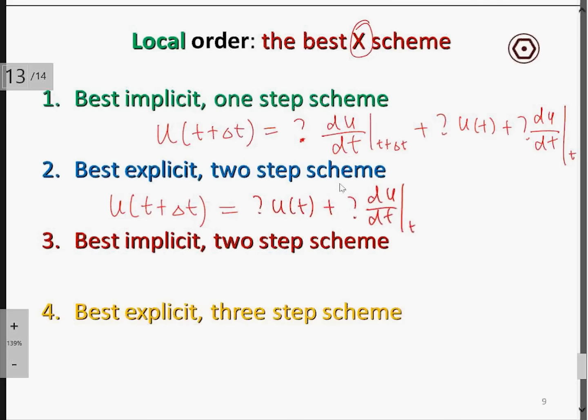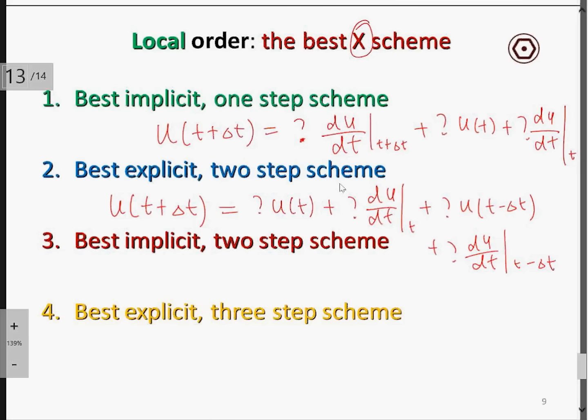And because it's two-step, I allow one more step to be used in determining the solution at t plus delta t, which means I can use u at t minus delta t and du dt at t minus delta t. So this is the degrees of freedom you have in your best explicit two-step scheme.